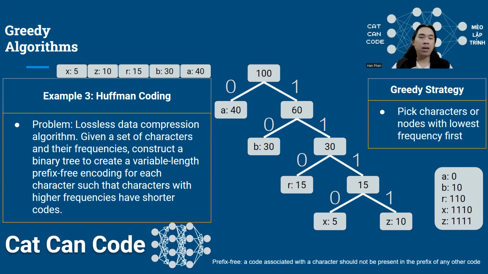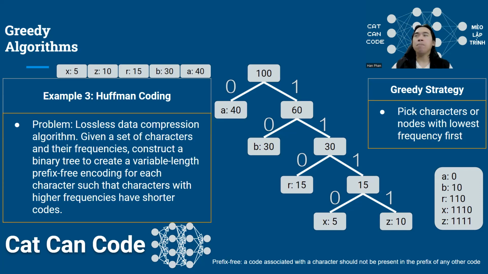That doesn't happen with this algorithm, to guarantee the lossless characteristic. Also, as you can see here, to compress data with a bunch of text, we want to store the characters with the highest frequency with a shorter code. And we want to store the characters with the lowest frequency with the longest code.